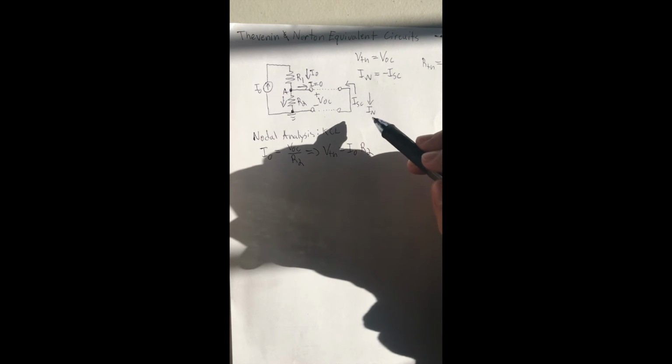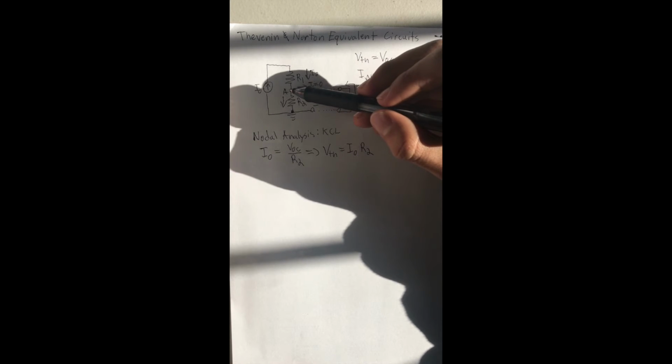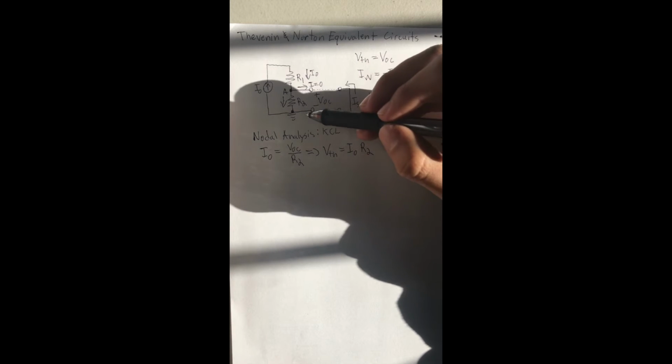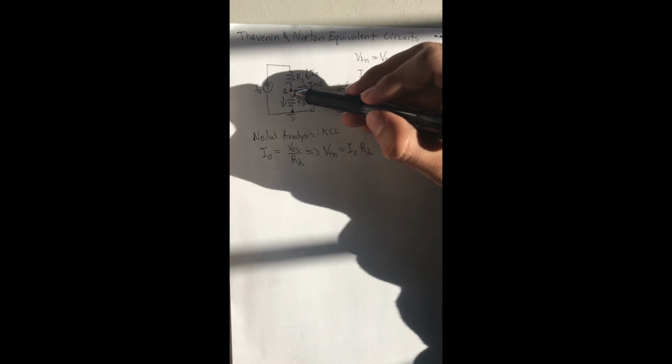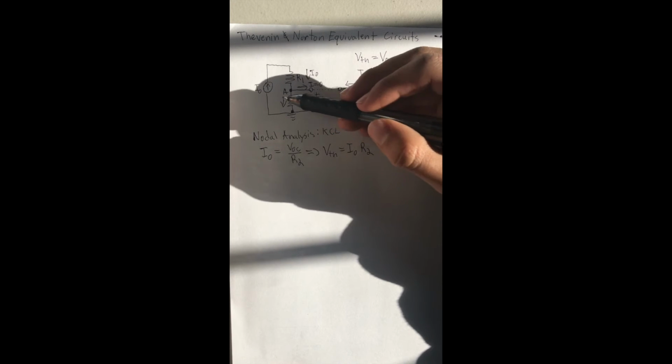Now to find I Norton, we short circuit the open circuit, and we notice that this node and this node are one and the same, and therefore there's no voltage across this resistance and no current flows in because of that.